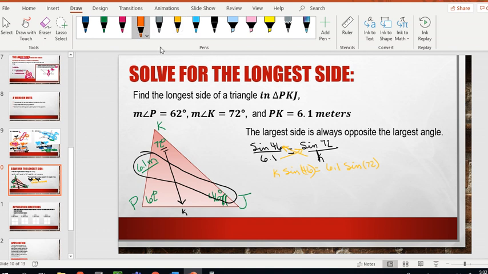Okay, divide by what's attached to K. That's sine of 46. Do to one side as you do to the other. And you can slow this down and pause it whenever you need. So K is equal to 6.1 times sine of 72.